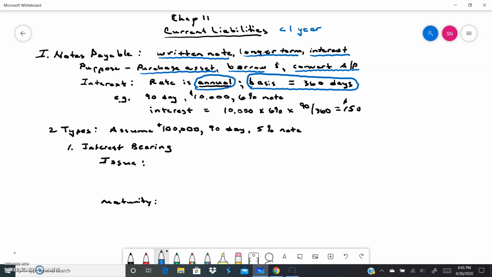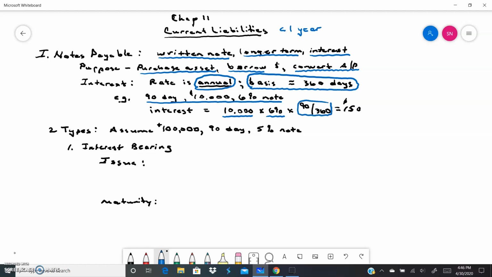But it's the number of days divided by 360. So for instance, if we had a 90-day, $10,000, 6% note, the way we would calculate interest would be the $10,000 face amount of the note times the 6% annual rate, and then we would prorate that for the amount of time the note is going to be outstanding.